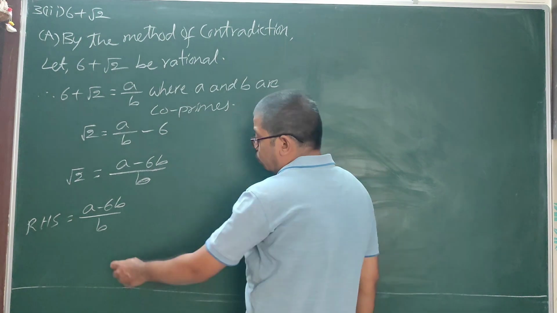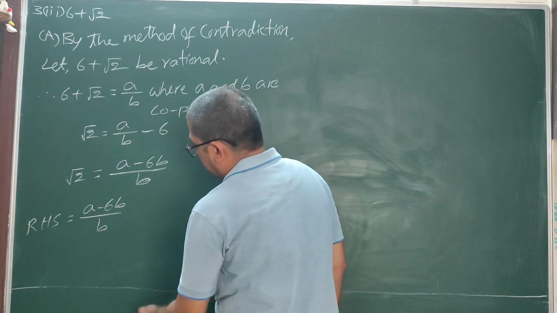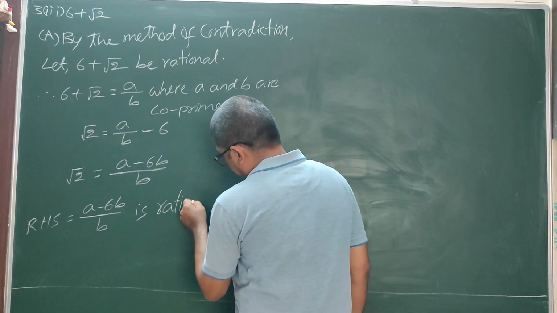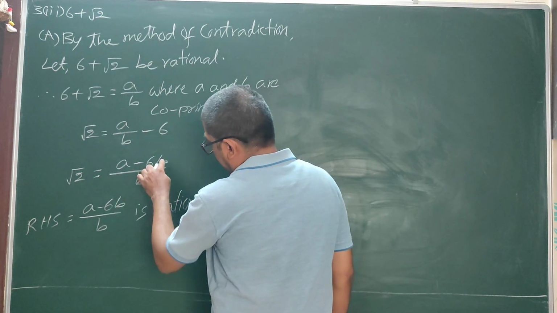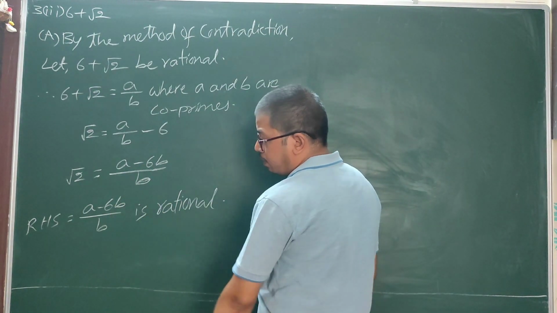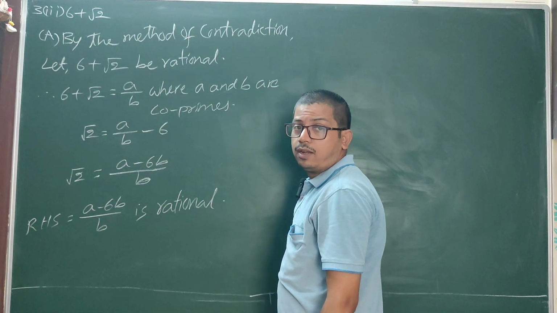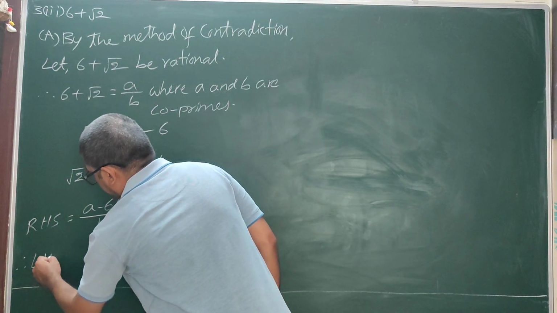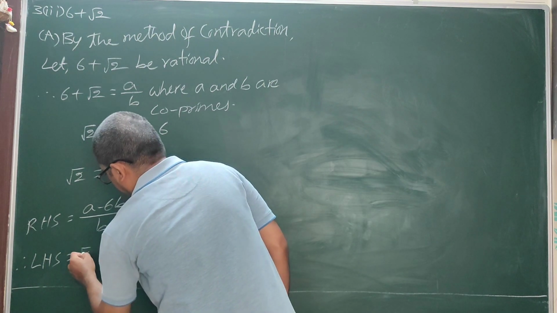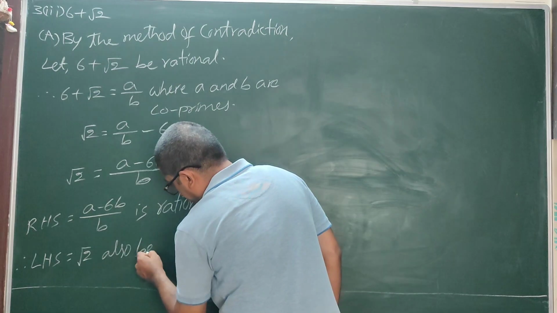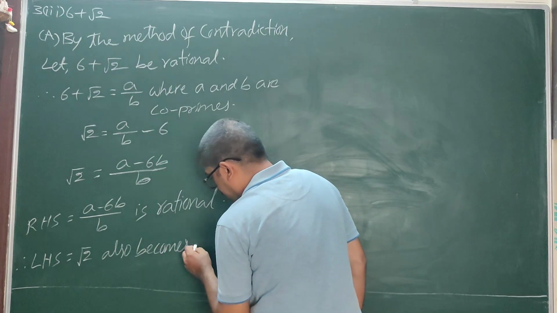So RHS is equal to a minus 6b by b, which is rational because a, b are rational and 6 is also rational. So a minus 6b by b is rational. Therefore, LHS equal to root 2 also becomes rational.